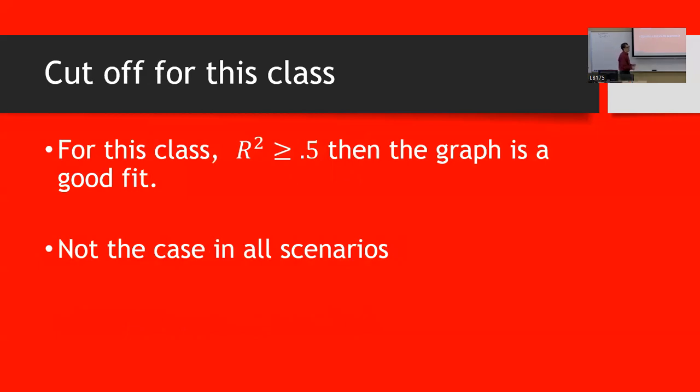Now, the R squared, or the line between a model fitting well and fitting poorly, can be drawn at almost any place you want. In the social sciences, oftentimes, if your R squared is pretty low, they'll still say it's a good fit. In our class, we're going to have to draw that line between good fit and bad fit at a certain place. So we're going to do it right in the middle.